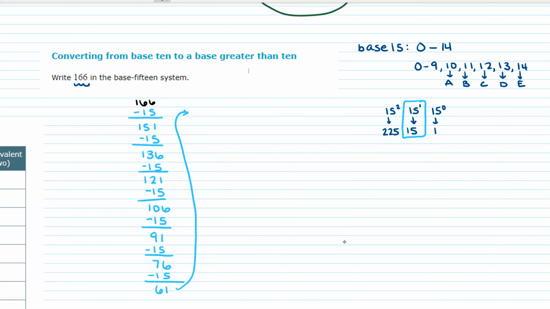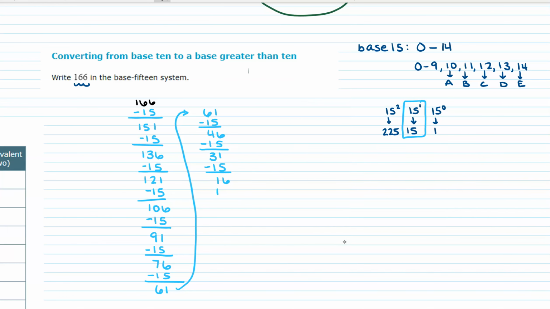I'm going to come up here so my list isn't that long, so I'm at 61. I'm going to subtract 15 again. That makes 46. Again, makes 31. Again, makes 16. Oh, we're almost there.